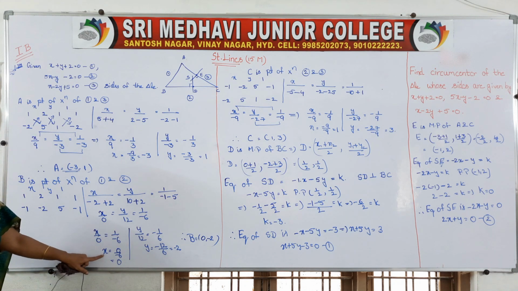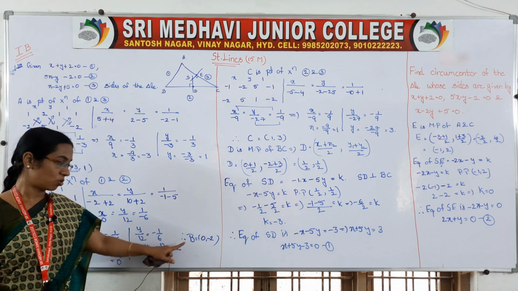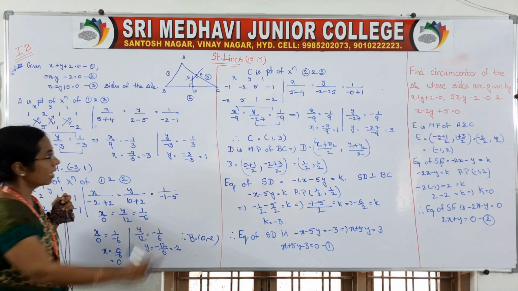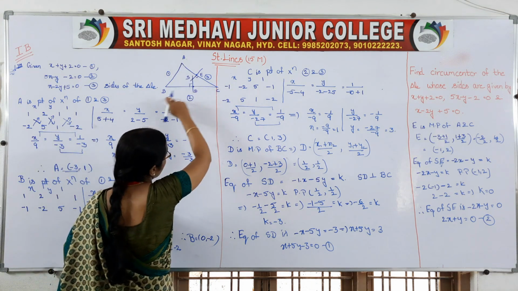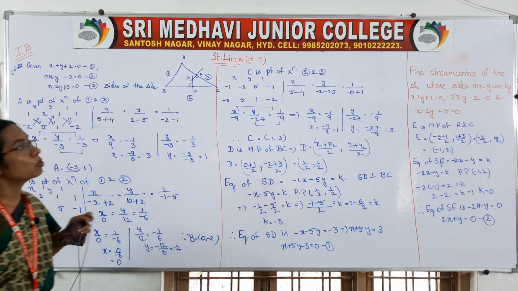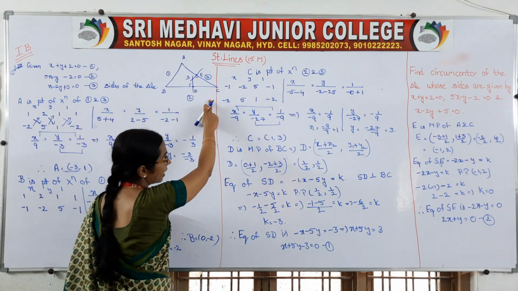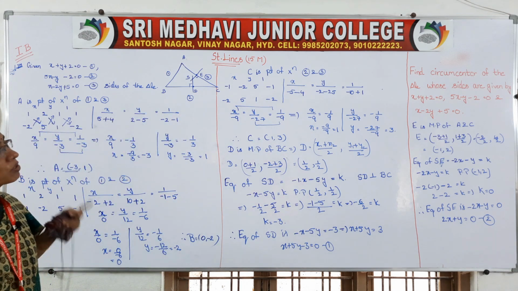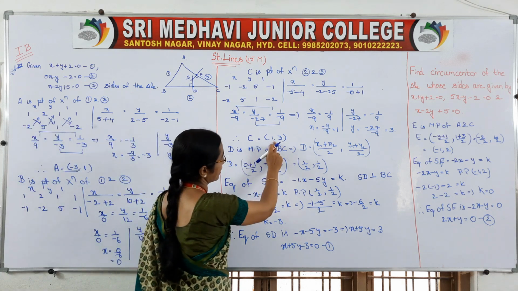So x value we got as 0, y value we got as minus 2. So 0 comma minus 2 is your B point, and C is the point of intersection of AC and BC, that is 2 and 3. Same, you take the second and third line values, you will get your x, y values, that is your C.